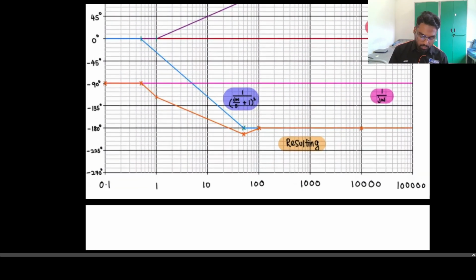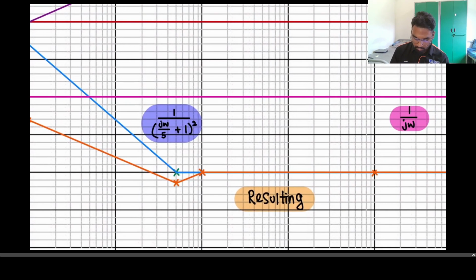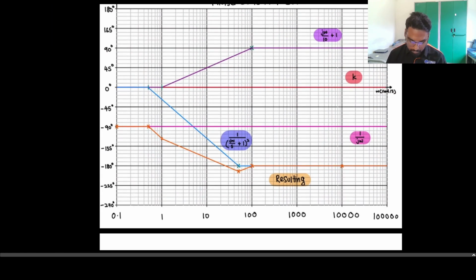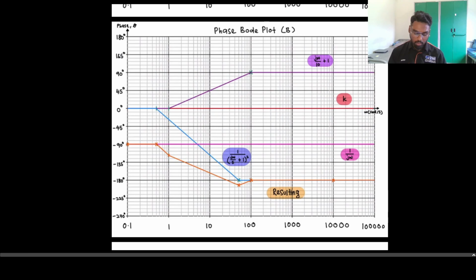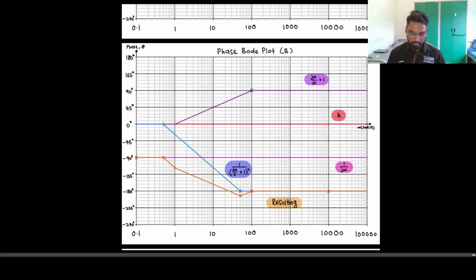So now we are going to continue connecting all the coordinates of the resultant until the maximum. So that's how you obtain the phase Bode plot and also the resultant.